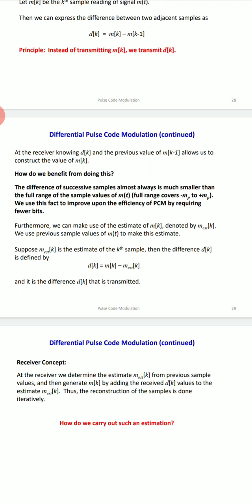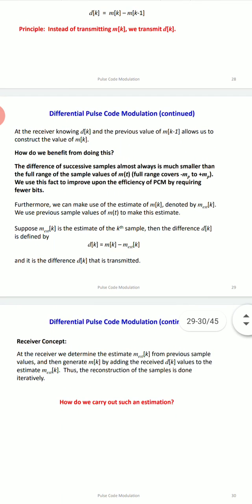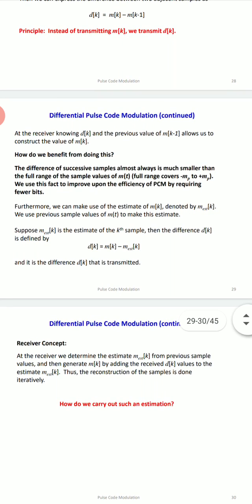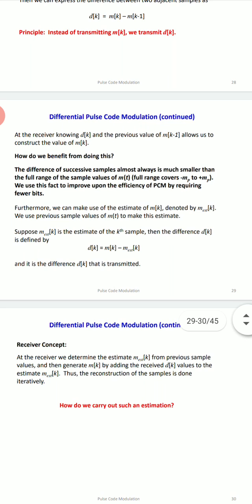For example, if we sample a voice signal at a rate greater than the Nyquist rate, adjacent samples do not change much. If we use PCM to transmit that signal, we will be transmitting more redundant information.